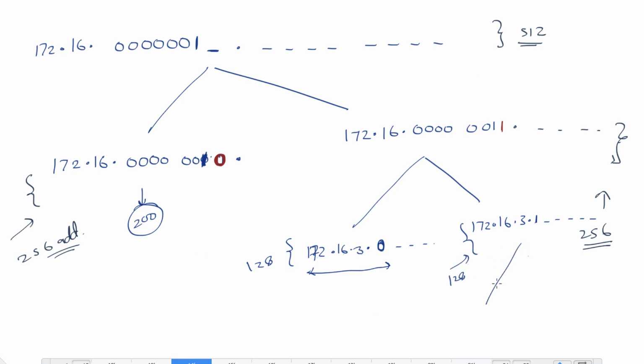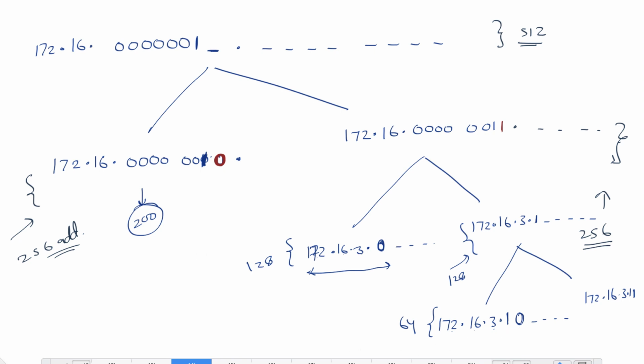Now let me divide this also into two parts, which is basically 172.16.3.1 and then 0. This 0 is fixed, and then this will be variable. 172.16.3.11, right? This is 64 addresses. Now out of the 64, you need 60 addresses, that is okay, but you can't give 60 addresses. That's why I'm giving 64 addresses. For network 4, you will have this as the network ID, which is basically 8 plus 8 plus 8 and then plus 2, which is 26.